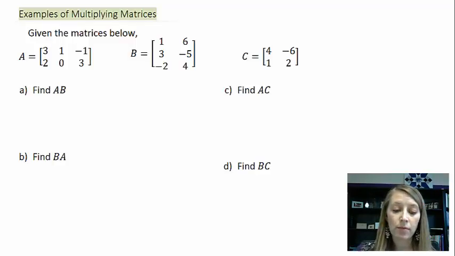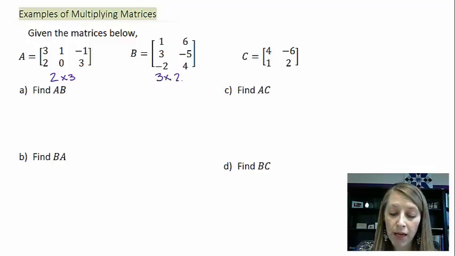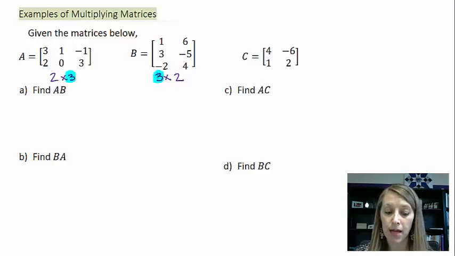Okay, so again, I'm doing A times B, so let's look at the dimensions of this A. It is 2 rows by 3 columns, and this B is 3 rows by 2 columns. So I need this number to match and I need this number to match. They do. That means I can actually multiply these here.